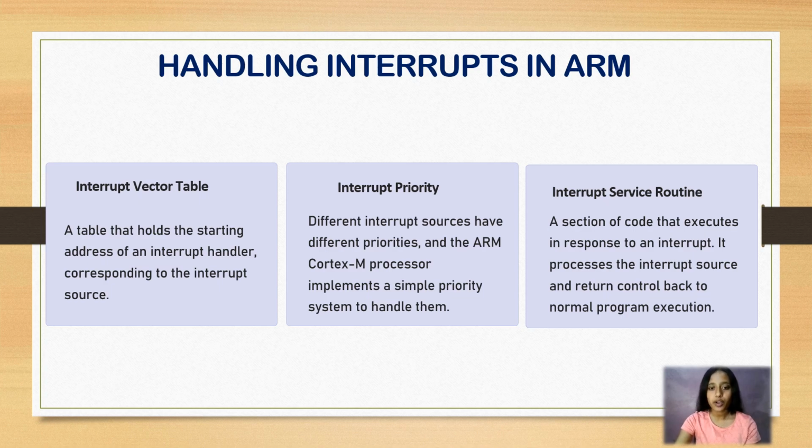Then interrupt priority: different interrupts will have different priorities, and the ARM processor implements a simple priority system to handle them. Then the interrupt service routine: after the processor executes the specific interrupt, it returns to the normal execution of the program.